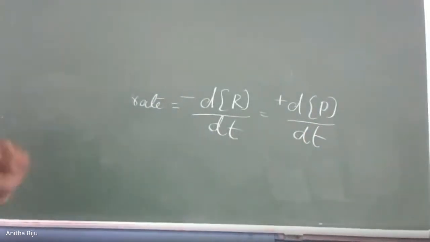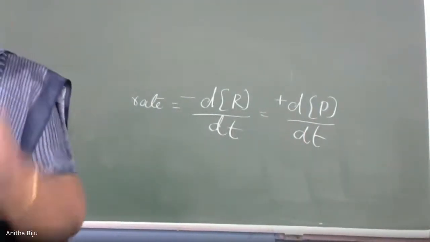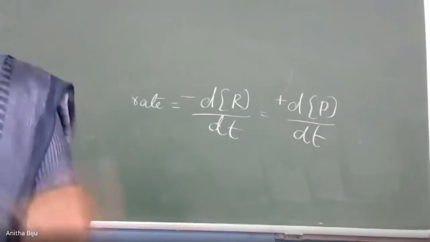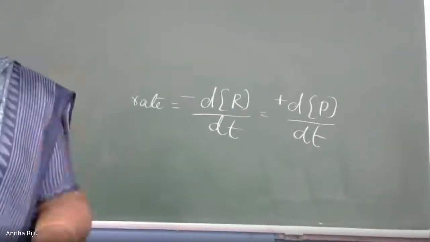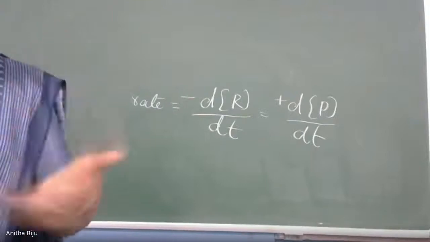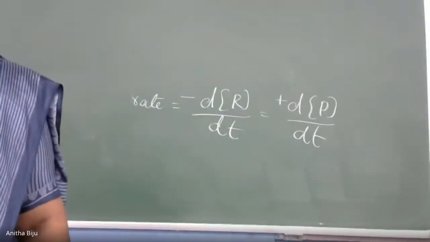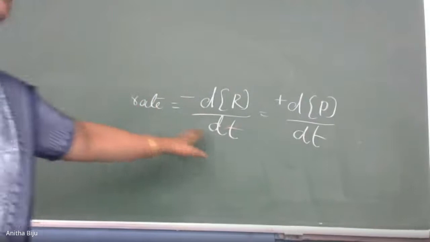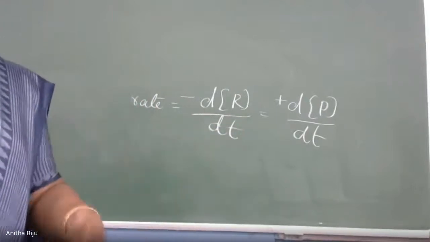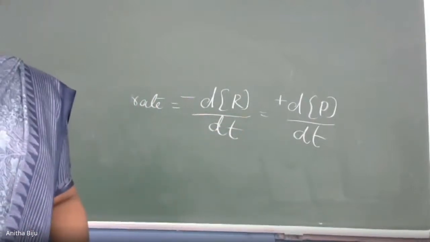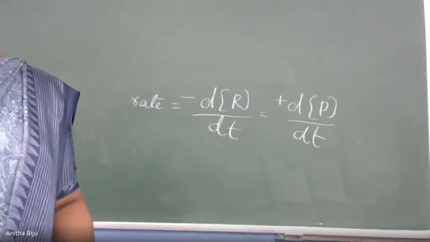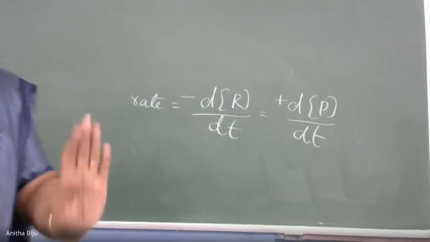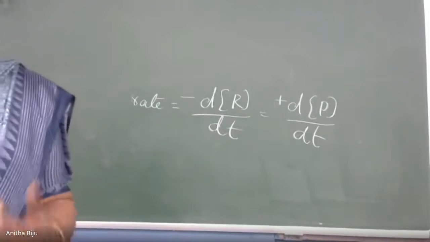So d stands for an infinitesimally small change. Infinitesimally means a fraction of a second, a very, very small time span or duration. So this is all about the expression: how to express average rate and instantaneous rate of a chemical reaction.